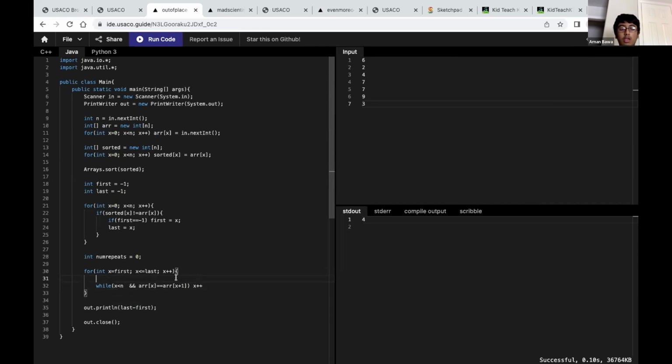And then, I still need an if statement here. Okay, and then now I can update num repeats while I do this. So I can do x plus plus and num repeats plus plus.